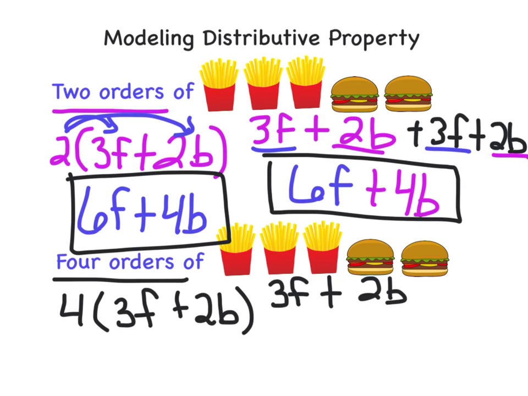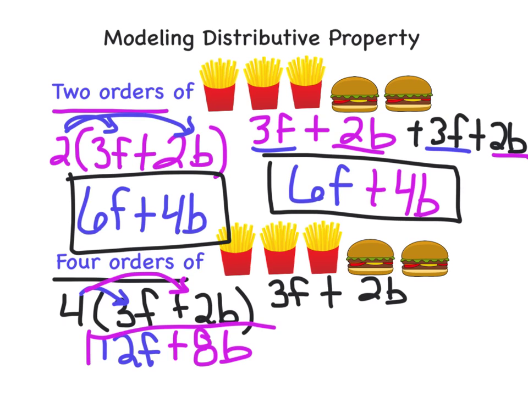So that means I need 4 times 3 French fries, which would make 12 French fries. And then I also have to do 4 times 2 because I need that many burgers. So 4 times 2 is 8. So this problem would be 12F plus 8B. And this time it would be faster to just multiply than to actually write the addition.